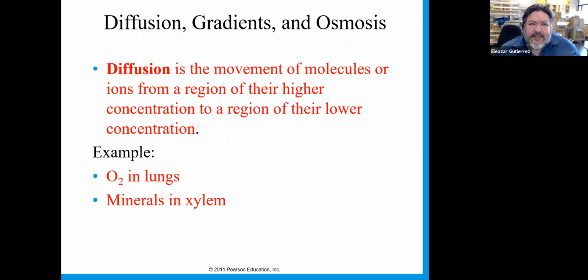Why does the oxygen go from my lungs to the arteries? Because I have more oxygen in my lungs than I do in my arteries. Why does oxygen go into my lungs? Because there's more oxygen in the atmosphere than there is in my lungs.